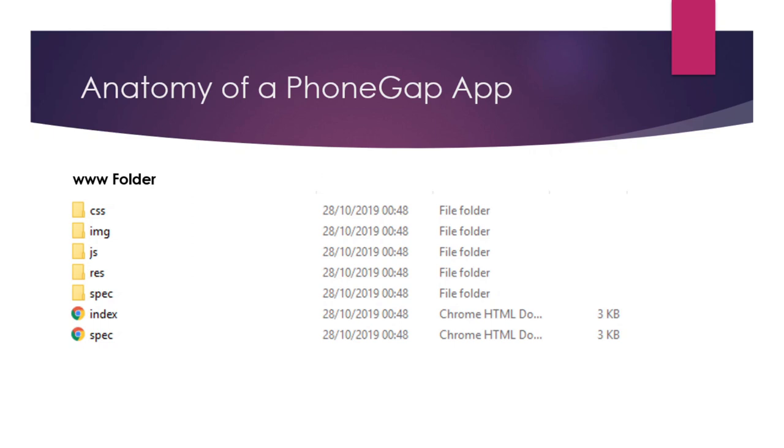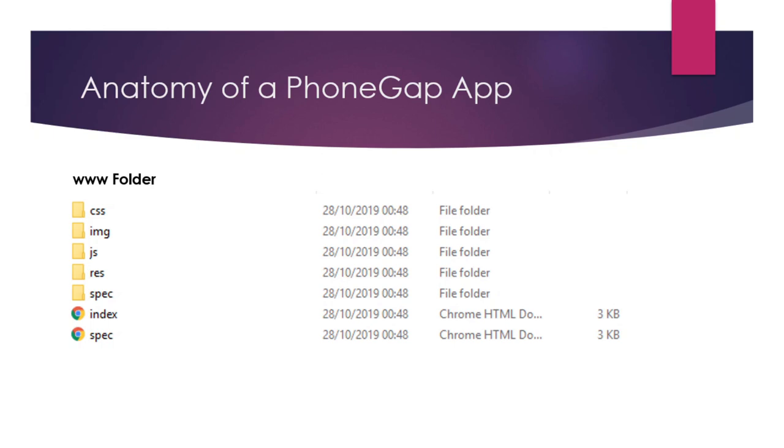Your resource folder mostly would contain your assets, so your icons and your splash screens in all sizes. And every PhoneGap application requires an index.html. Without an index.html file, it will not work.